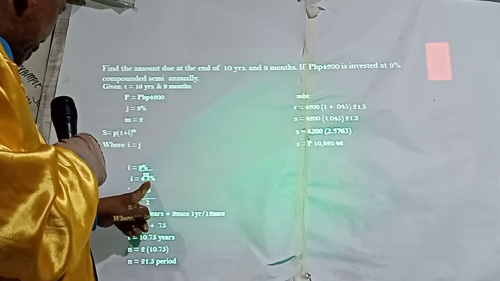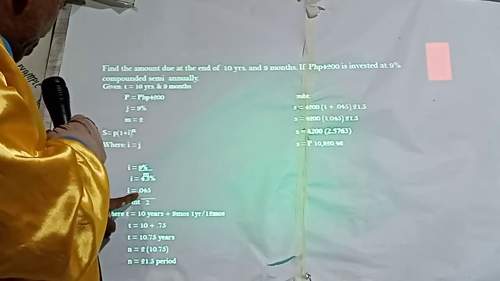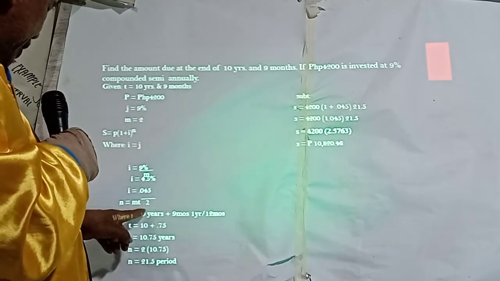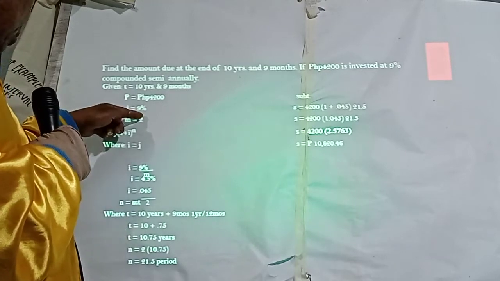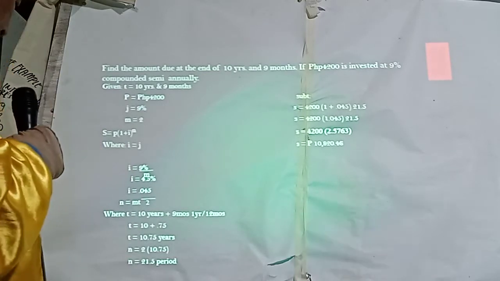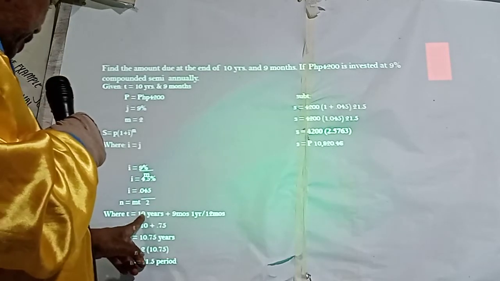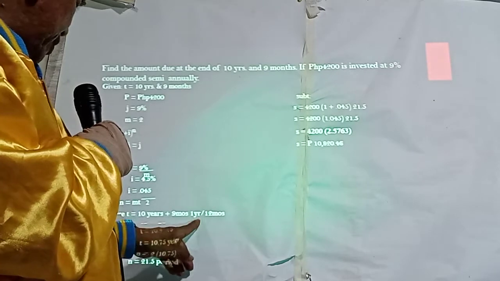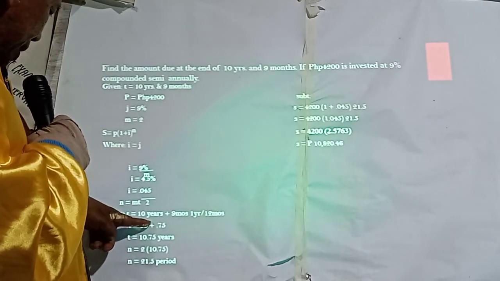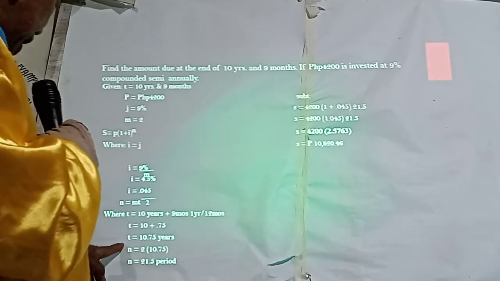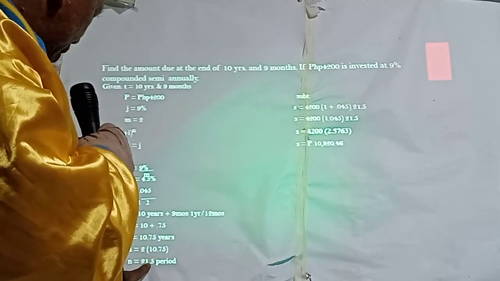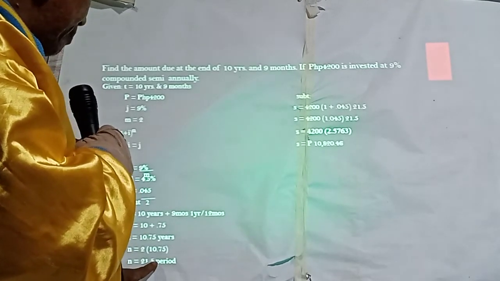Change that percent to decimal. So I now is 0.045. Then M times T, where M is 2 times the time of 9 months. So here is T, 10 years plus 9 months, 9 over 12 months. So T is 10.75, 10 plus 0.75. Then N is 2 times 10.75. So we have now N of 21.5 periods.